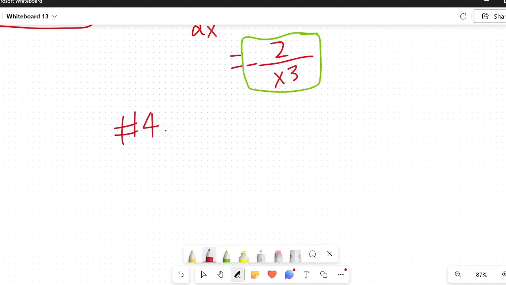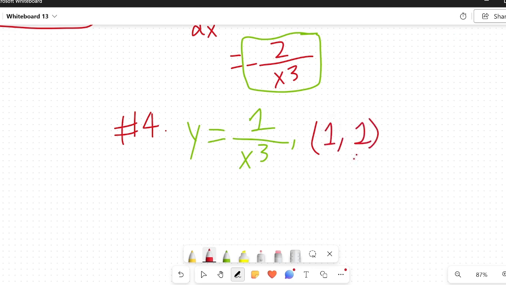Let's say we have a function like so, and we are asked to find the tangent line at 1, 1, right?